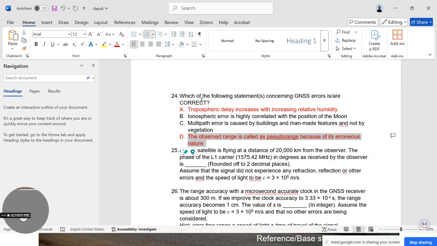So the signal which we are receiving, which is your L1 and L2 signal or L5 signals, has a wavelength, and it depends on how that wavelength is interacting with the object. If it can bypass the object, it will not create the multipath error. But if the wavelength is big and it will collide with the nearby vegetation or buildings or man-made features such as a tractor, or you can just take any vehicle, it will also create the error.